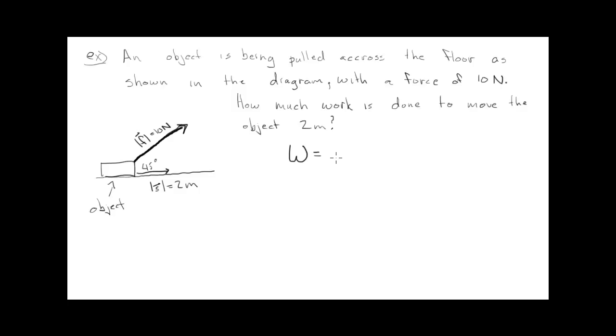So work is equal to F dot S, which is equal to the magnitude of F times the magnitude of S times the cosine of the angle between them. The magnitude of F is 10 newtons, the magnitude of S is 2 meters, times the cosine of the angle between them, which is 45 degrees.